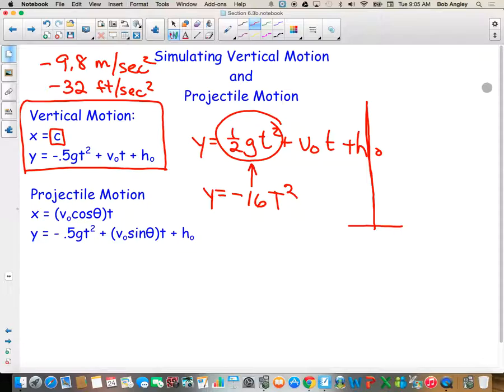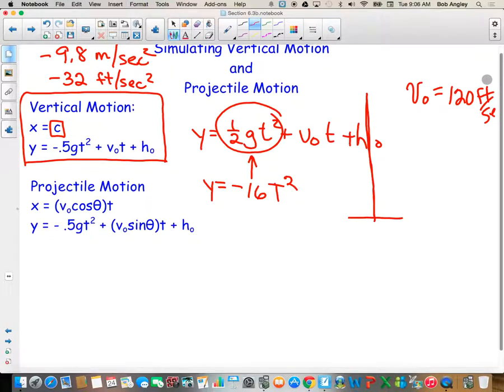All right. So I'm going to say right now that we're going to use that v sub 0 for Nick right here as being, let's go 120 feet per second. Okay, now that's pretty fast. I don't know if somebody throwing something straight up can throw it that hard or not.